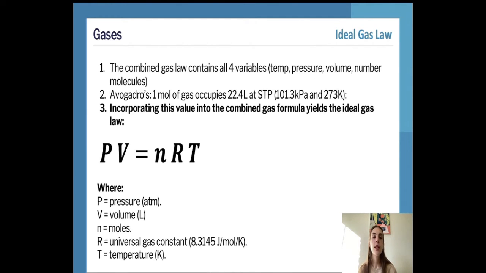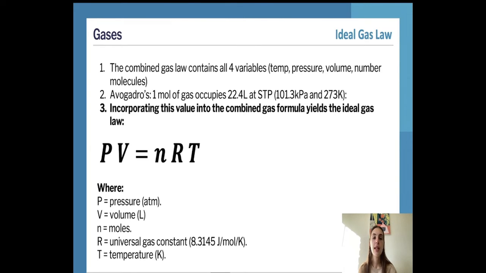So we also want to consider this formula here, which is the ideal gas law. The ideal gas law is PV equals nRT. And so the combined gas law is containing all 4 variables which we looked at before, that being temperature, pressure, volume, and number of molecules.